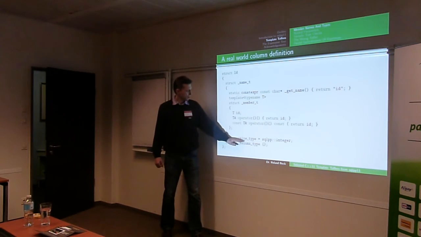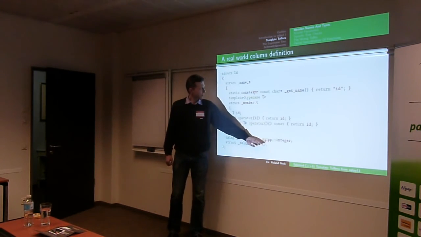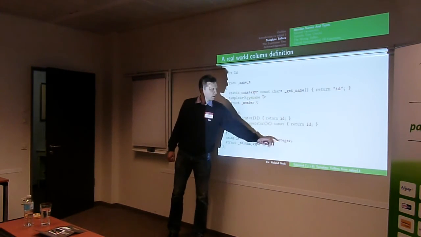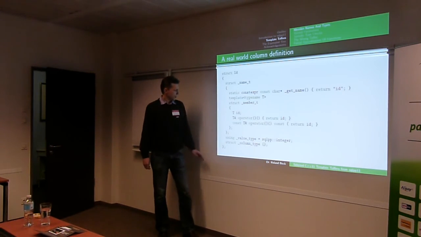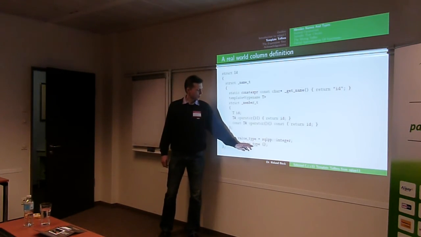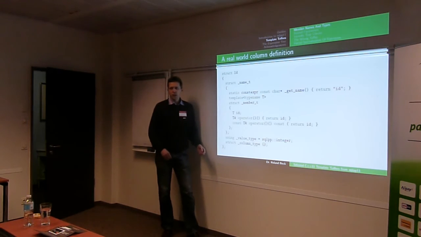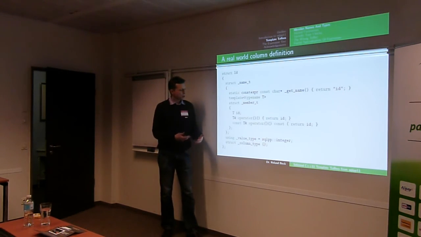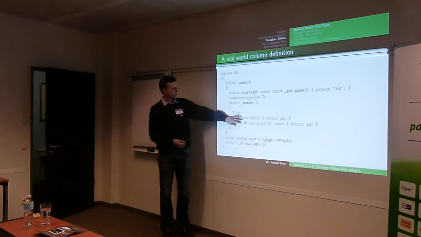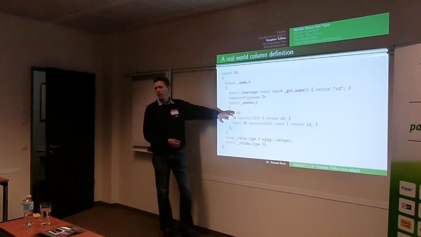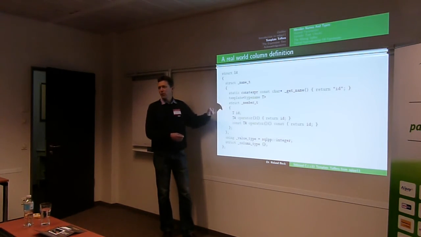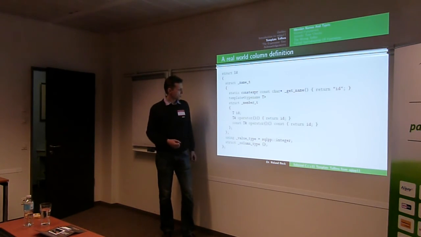It also has a value type saying, okay, that ID is some integer value, and you could also add some additional traits for this column, like in this case, it's an auto-incremented value, so you shouldn't assign a value to it because it's supposed to be read-only, stuff like that.